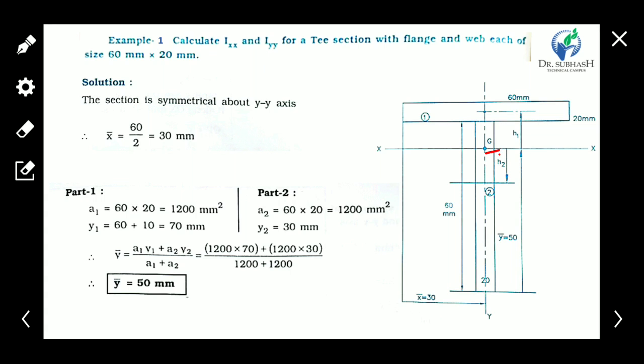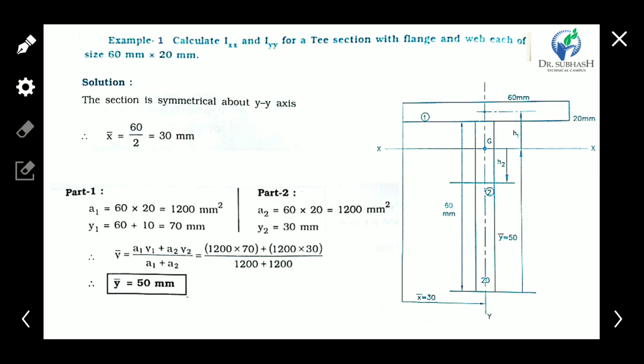So the CG is here, at a height of 50 and 30 from here. So the CG is marked with a plus. From that, the x-axis and y-axis are drawn, and now we have the position of the x-axis and y-axis on the compound section.